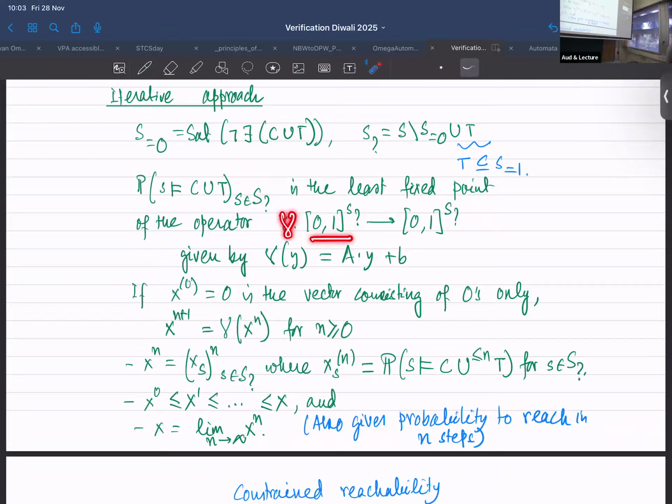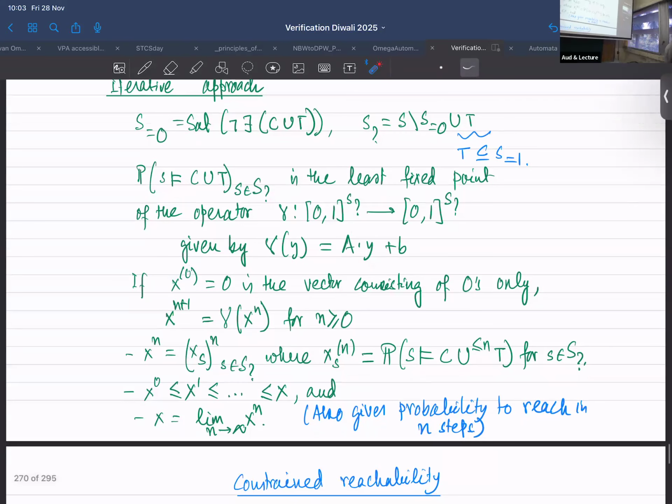The gamma operator transforms one vector to another: you start with some initial value, get a new value, apply gamma on the new value, get another new vector, and so on. It's just an iterative computation, and the way you compute gamma is gamma y equals a y plus b, where a is the transition matrix.